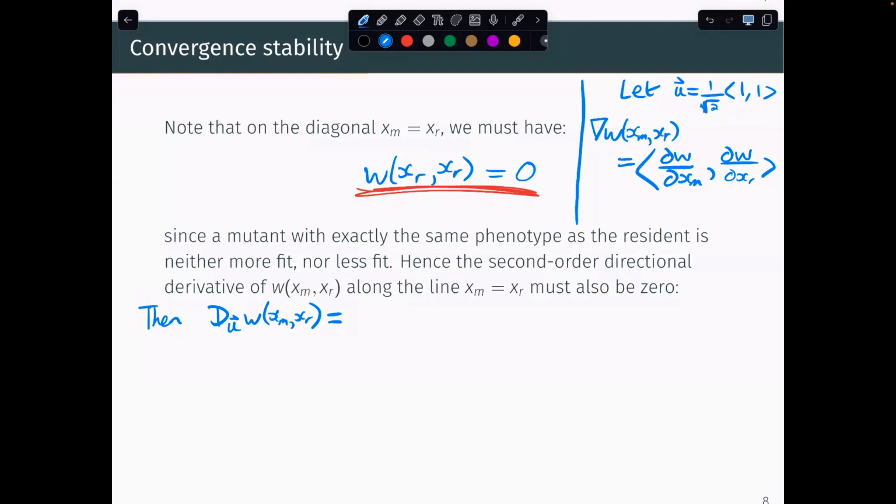That's the first thing we need to do. And then, everyone's racking their brains to remember what they learned in 151 or 152 or 155, right? We take the dot product of these things. So we take our gradient vector and take the dot product with u. This is just going to give us 1 over root 2 times the sum of the partials.